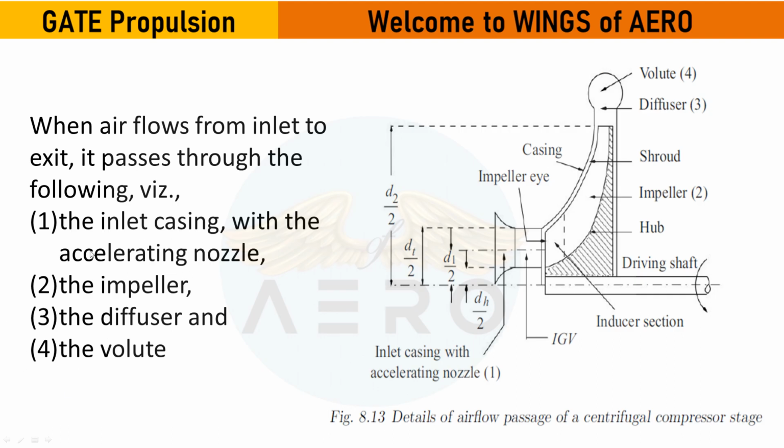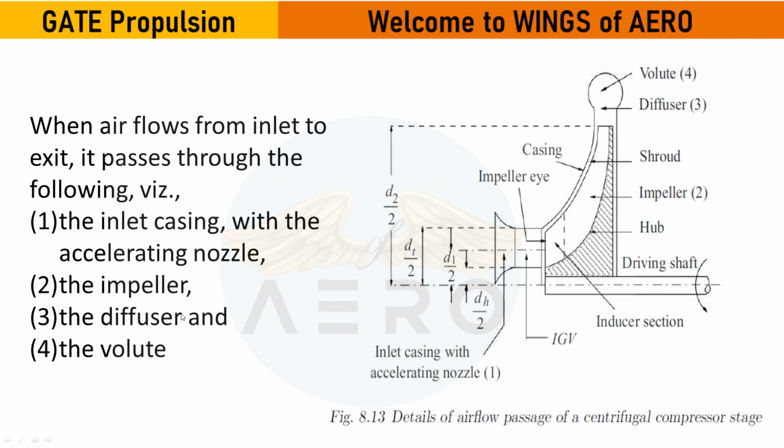We have seen the basic purpose: the accelerated fluid is going to enter the impeller. In the impeller there will be an increase in static pressure, which means the kinetic energy is drastically going down.